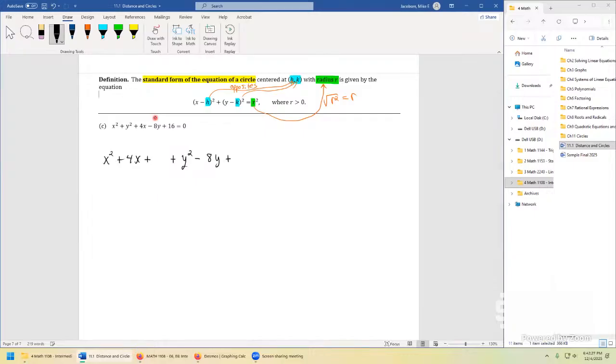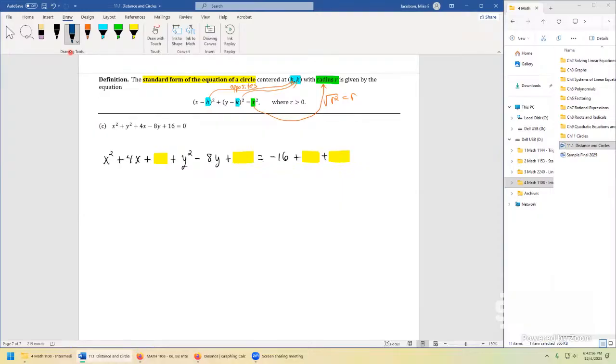Then go plus, a little bit of space, equality. So that's where this equality came from. We're subtracting 16 from both sides, so minus 16 is on the right. But we're also adding 2 values to get this to the standard form. So we'll go plus and plus. Whatever we add to the left side, we will also add to the right side, in other words. So that starts it off.